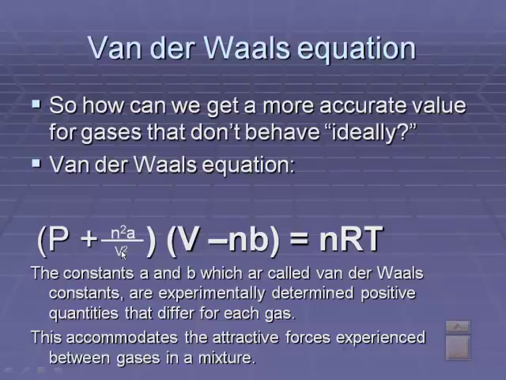V is in liters. n is number of moles. A and B are called van der Waals constants, and these are experimental values that usually have to be figured out through some awesome labs.